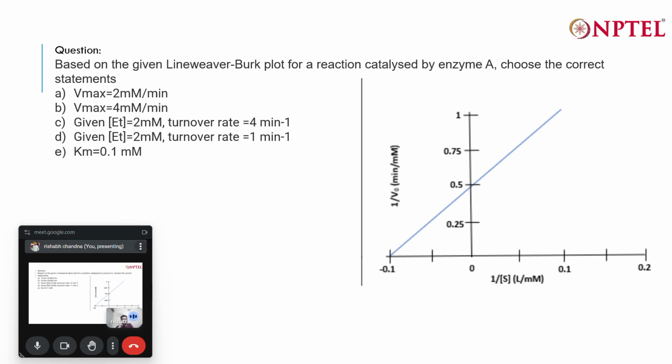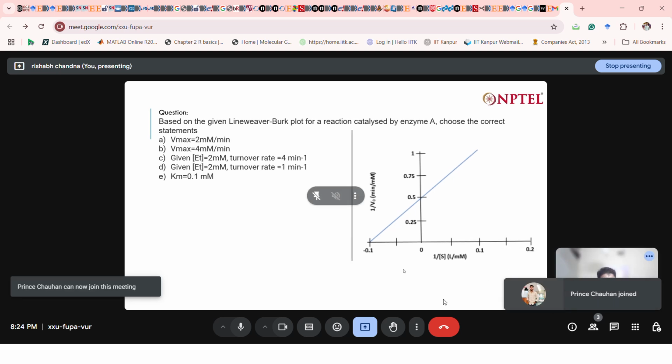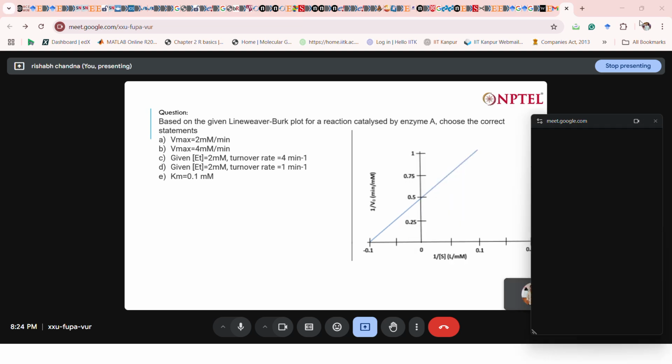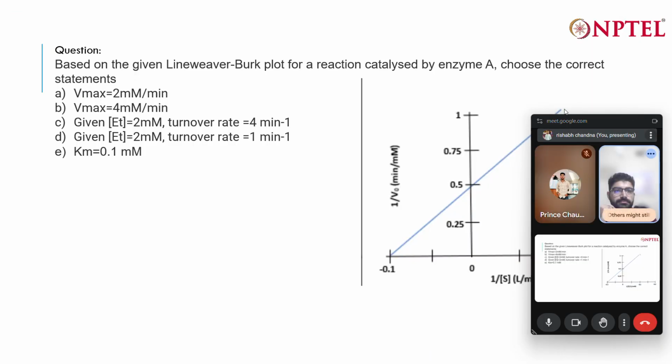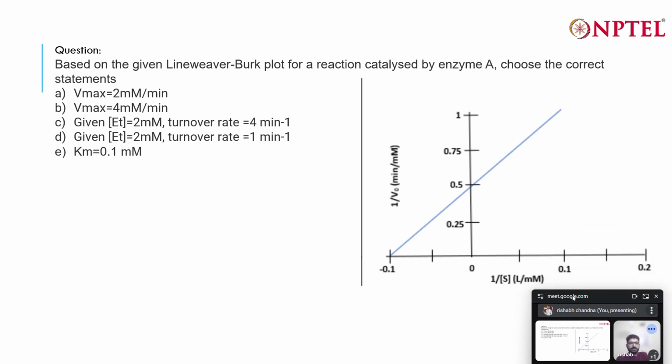So this is a Lineweaver-Burk plot that has been given for a reaction that is catalyzed by enzyme A. So what can be the correct answer?